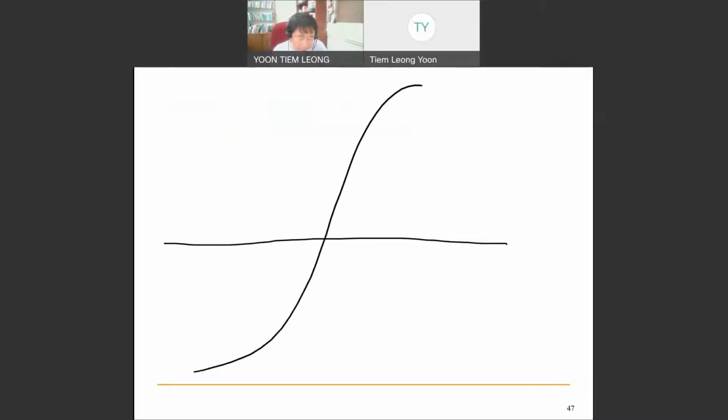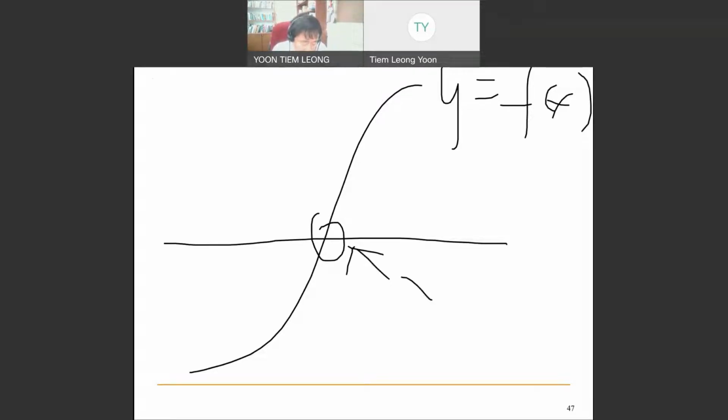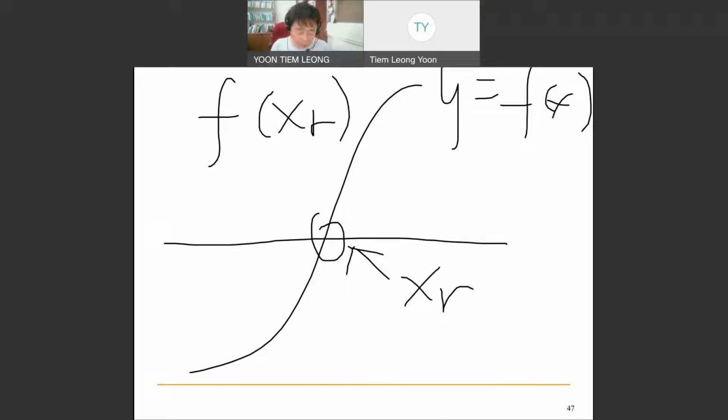For example, if you have a function y equals f of x, you often want to find the solution to these equations. That is, you are asked to find the value of the root x_r of the function. The root of the function is defined to be a value of the variable such that when you substitute the value x_r into the function, you get 0. This is called the root of a function. So we call it root finding.